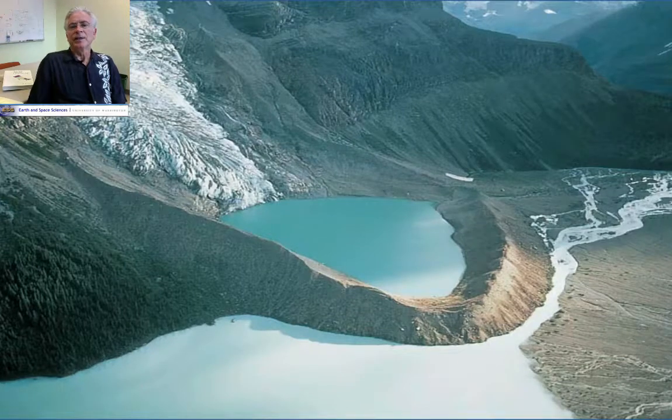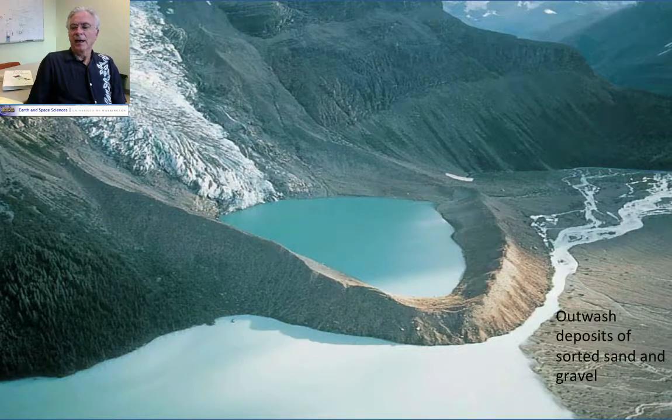Okay. Let's look at another example showing a heterogeneous nature of depositions associated with glaciers. Here you have a glacier that is retreating and leaving behind an end moraine, and to the right is a very large outwash plain from another glacier. So the outwash plain is filled with a variety of sorted sand and gravel.